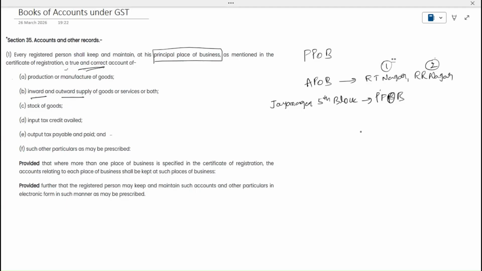Now, let's assume that I am conducting a training activity, and this being a corporate office, I need to consider the books of accounts pertaining to RT Nagar and Rajarajeshwari Nagar. The nature of business is training activity.